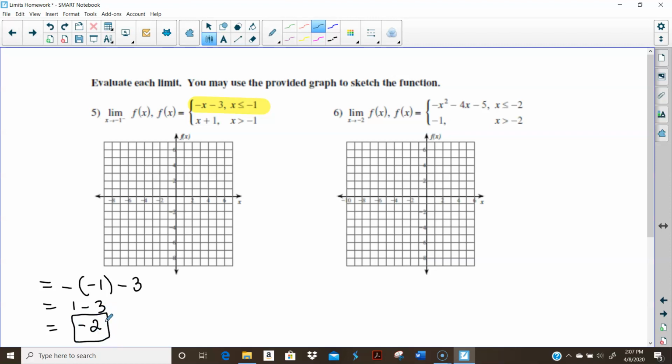Graphically, this is what we would do. We would graph the first piece, so we would start at -3, and I just use dots to graph it. And the slope is down 1, right 1, or up 1, left 1.